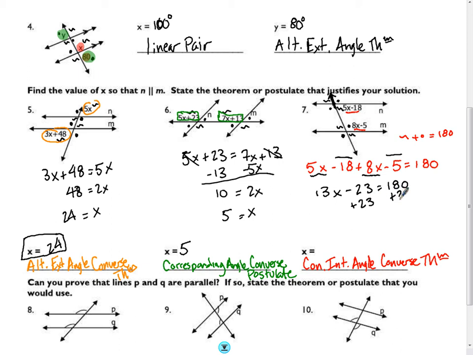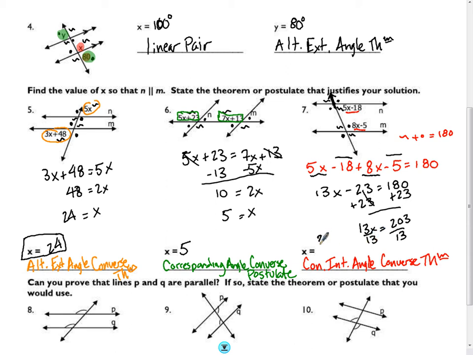Here I'm going to end up with a 203, and when I divide 203 by 13, I might need my calculator for this, I end up with a decimal. So rather than coming up with an approximated form of that answer, we're just going to leave it as the improper fraction 203 over 13.